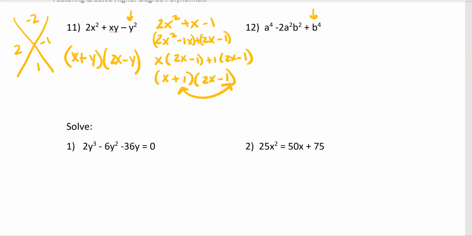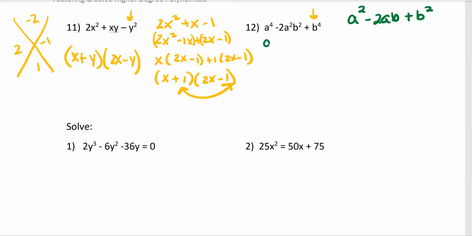Number 12. We can always factor a simpler problem.